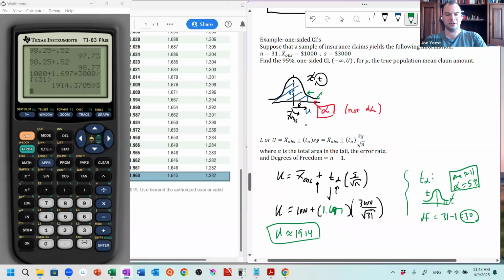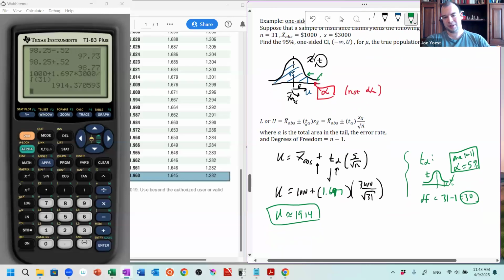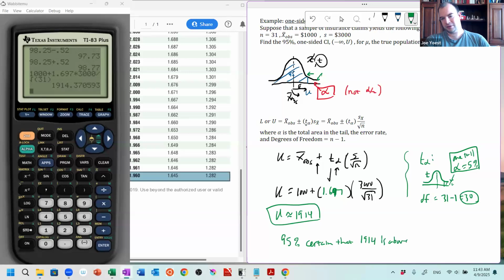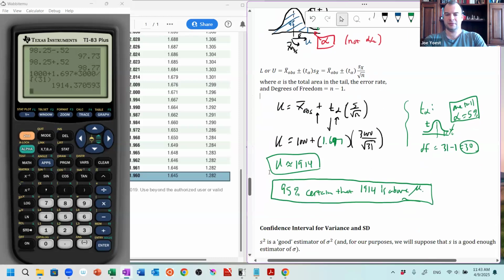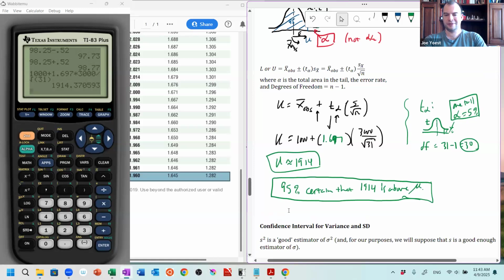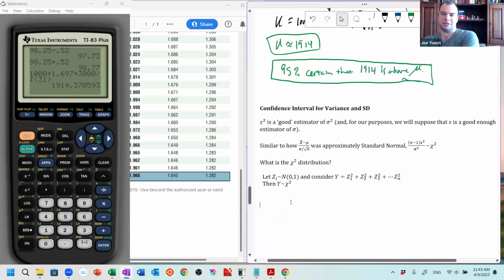So this is our one-sided confidence interval. We are 95% certain that 1914 is above the true mean mu. We're 95% certain that an upper bound constructed in this manner will be greater than the true mean mu. Any questions on any of this?